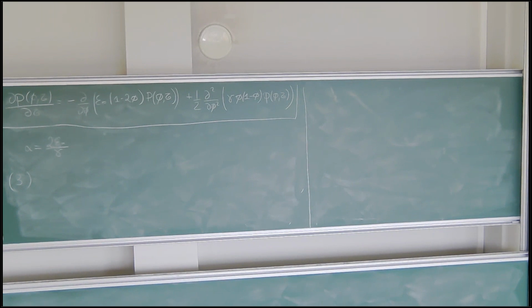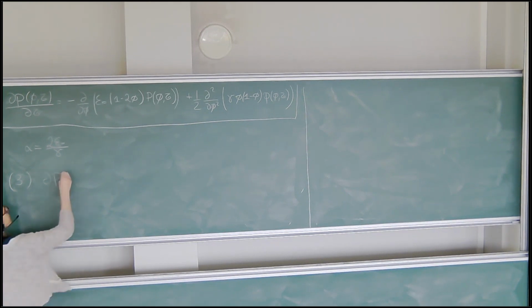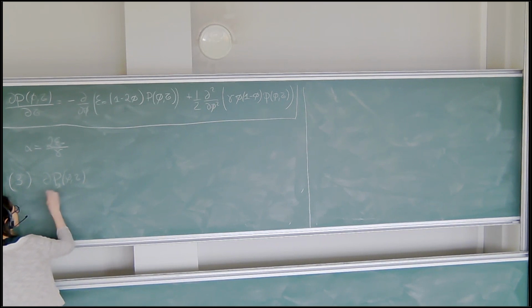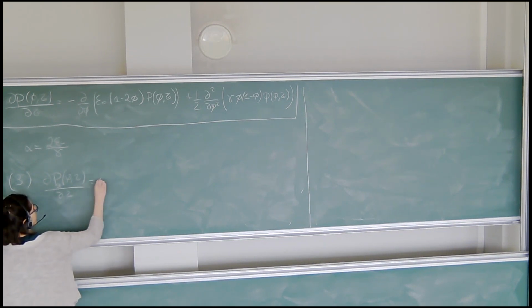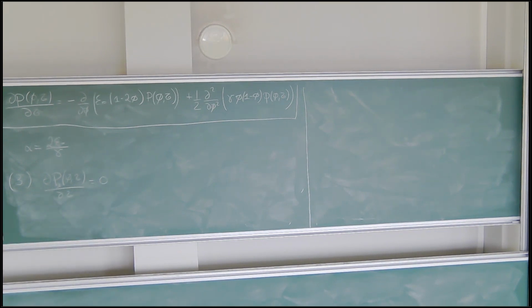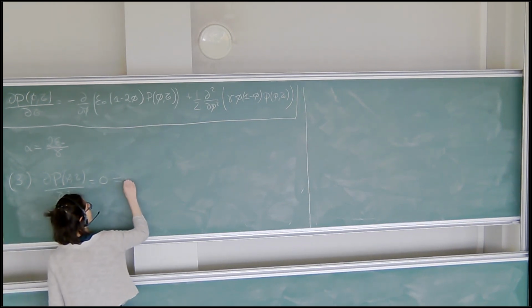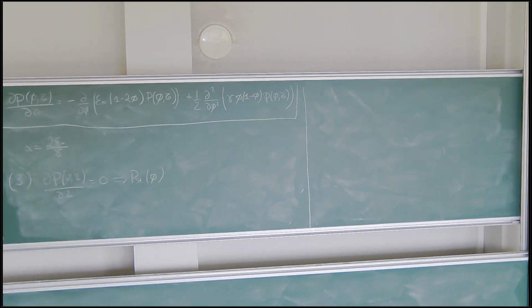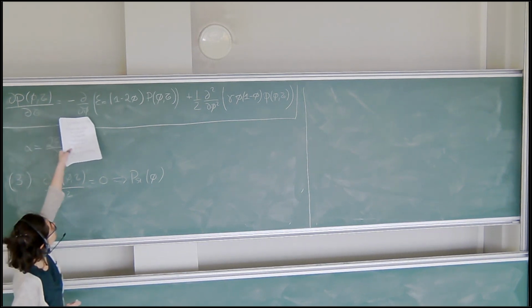So what does it mean to compute the stationary distribution? The stationary distribution does not depend on time. It satisfies dp stationary, you have to set to 0 the left-hand side. Whenever this is true, you have a stationary distribution which depends only on phi. Now if I set to 0 the left-hand side, let me look at the right-hand side.